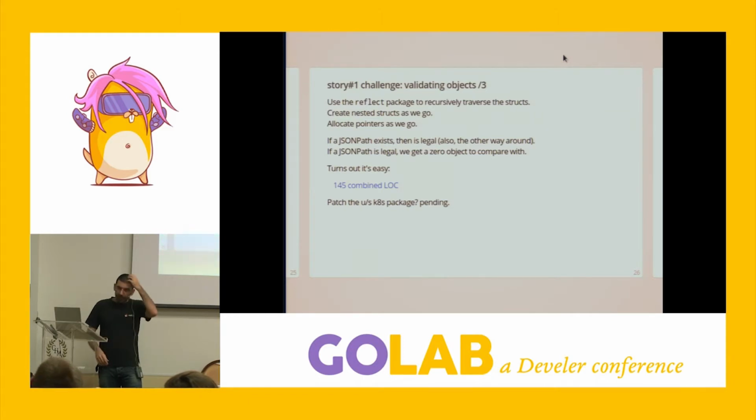So we get the nice benefit that we can now traverse this tree of objects, and if a path fully exists, then the path is legal. So the rule we have is great, and we get the zero object for free. Takeaway: this is actually pretty easy to do. It's less than 200 lines of code, and it's surprisingly easy.